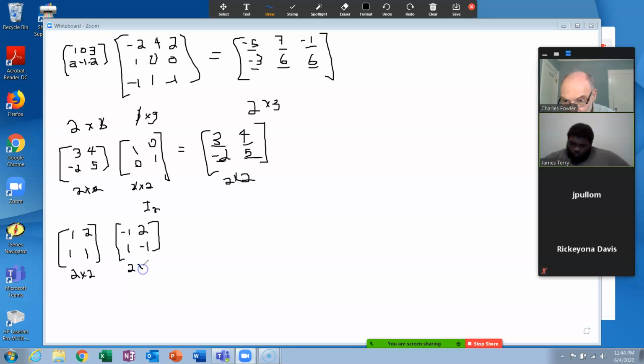When you multiply 2 by 2 by 2 by 2, you can do it because the inner numbers are the same. Number of columns of one is equal to number of rows of the other. And your product matrix will be a good old 2 by 2, because you use the outer numbers.